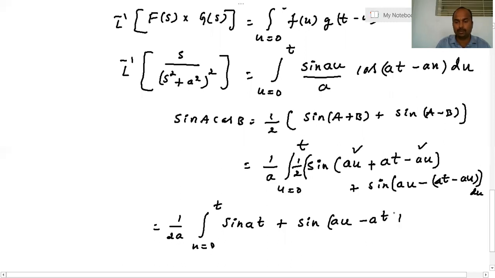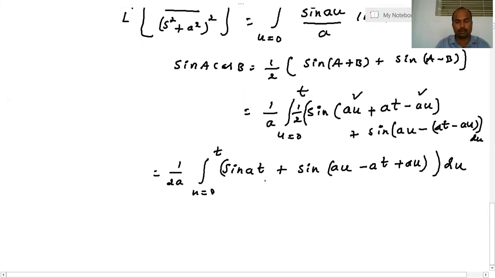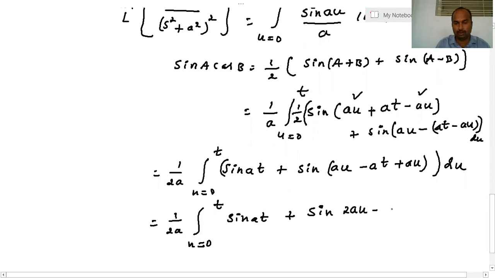Minus of minus au will be plus au) into du. Now again 1 by 2a into integral from u equals 0 to t of sin at plus sin(au plus au will be 2au minus at) into du.